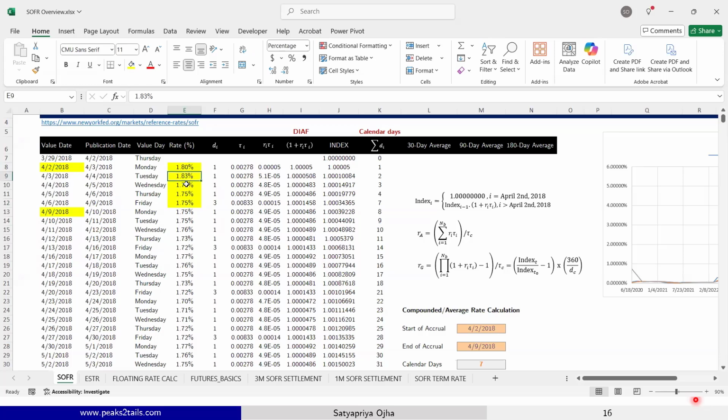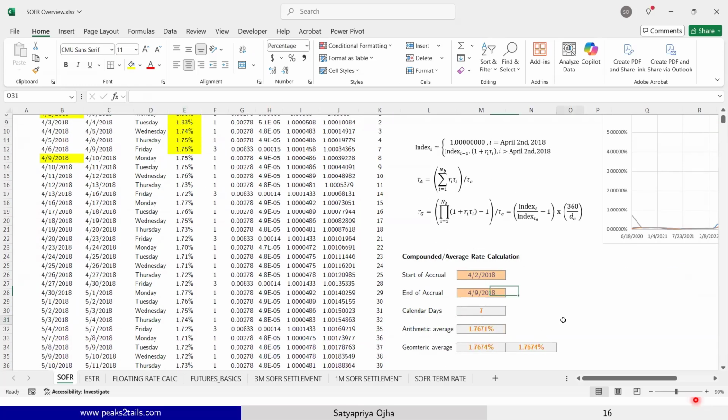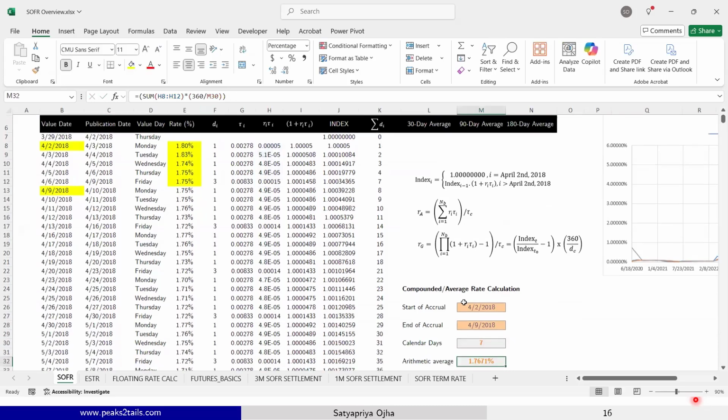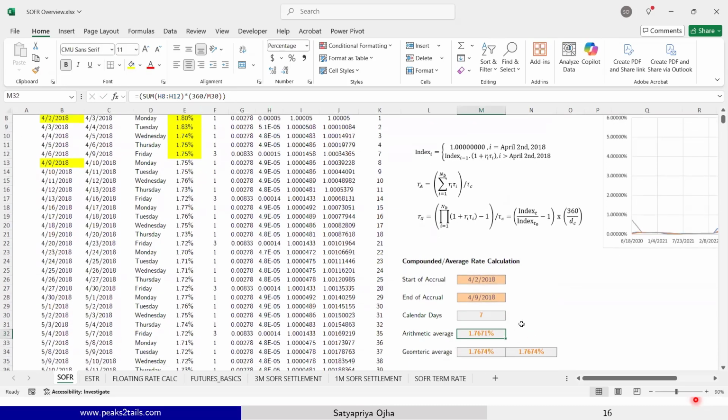So it'll be this plus this plus this plus this plus 3 times this, divided by 7. That's the arithmetic average. I hope you understood the geometric average and the arithmetic average.